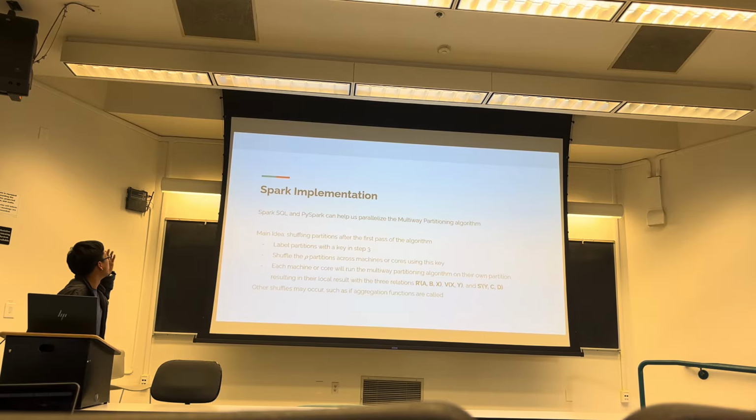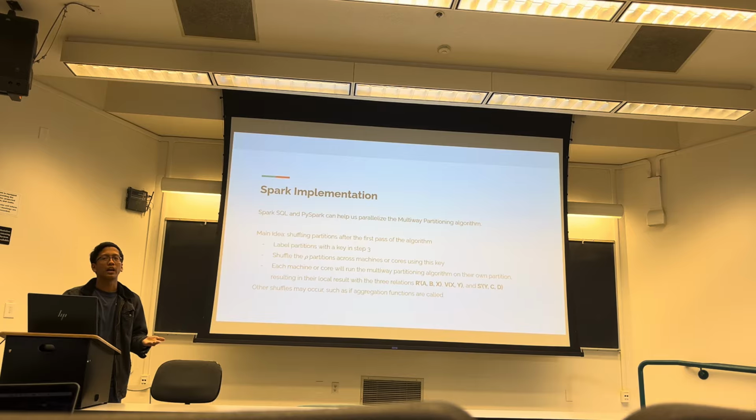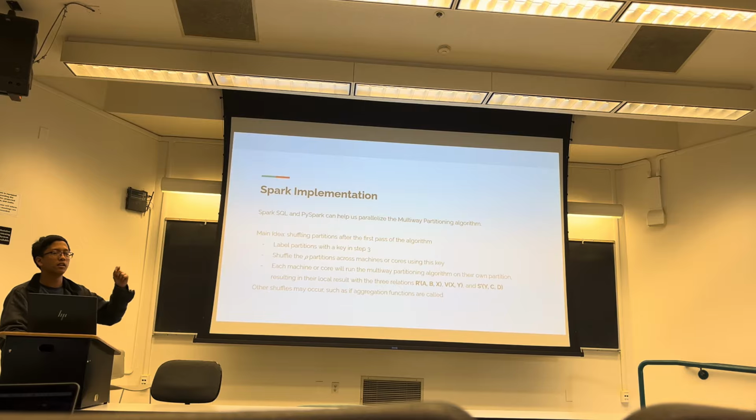And so the Spark implementation. Now we're moving away from that single core algorithm, and this is the part that my project actually works on. We can use Spark SQL and PySpark to help us parallelize this multi-weight partitioning algorithm, right?